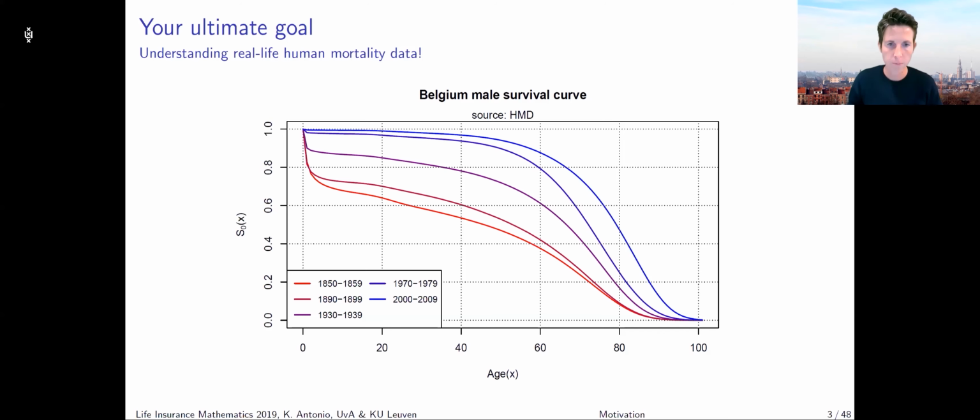So we're going to come to that, but that's essentially what we want to learn: where to find these data, how to deal with it in a probabilistic sense, how to visualize these data, and so on.